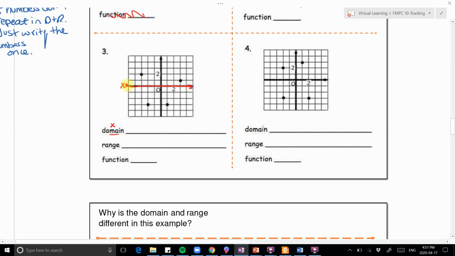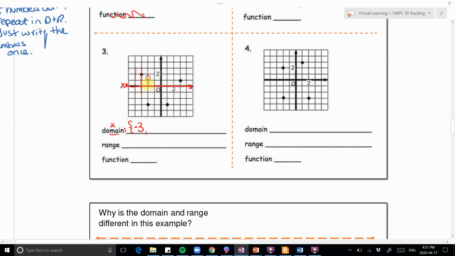So I'm starting, and as I move along my x, I check my line. Do I have any points? Nope. What about here? Yes, I have a point. So this is going to be part of my domain. So if I count, that's 1, 2, 3. So if I'm looking at my domain, -3 is a possible value. And then I keep going to my next line.